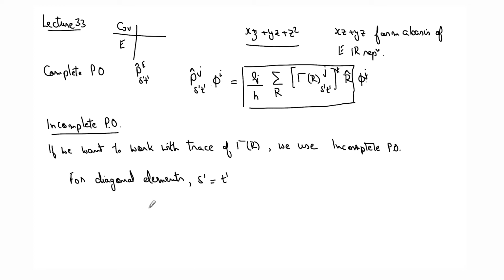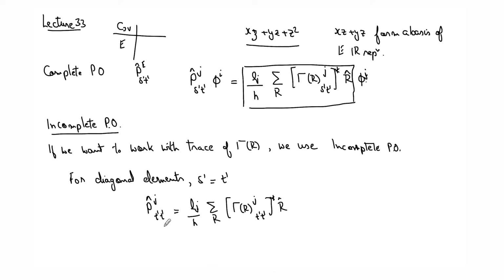In that case, the projection operator becomes Pj T prime, and now I will only write the expression of this and not the function form, not these phi functions. So Lj over h, summation over all R, and I have tau R, T prime of the jth representation, star, and then I have the R operator.